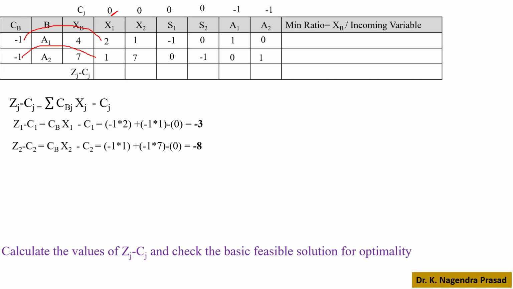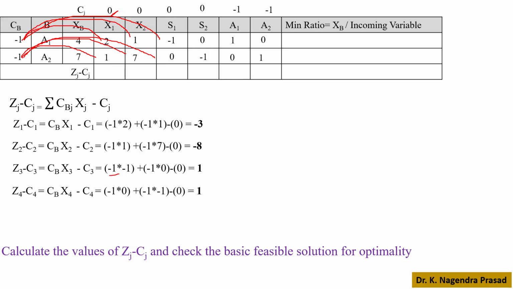Next we determine Z2 minus C2 for the x2 coefficient, that is -1 into 1 plus -1 into 7, minus 0. So it is -8. Next, Z3 minus C3 for the third variable, the S1 variable: -1 into -1 plus -1 into 0, minus 0. So it is 1.